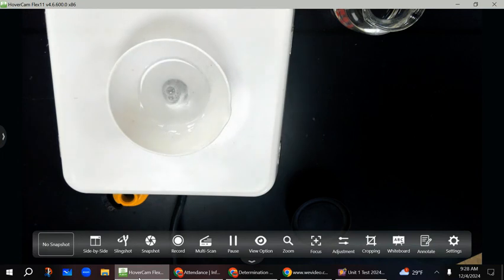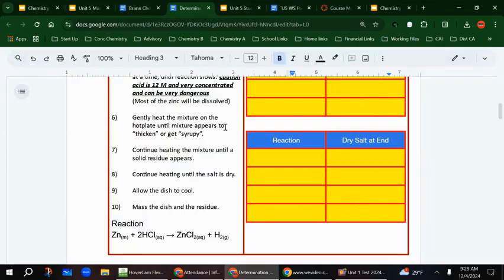Okay? Now, in your instructions, ladies and gentlemen, it tells you that while it is heating, you're going to get less and less water in there. Okay? Now, at the very end, when you are almost out of water, it's going to start to get thick and syrupy in there.